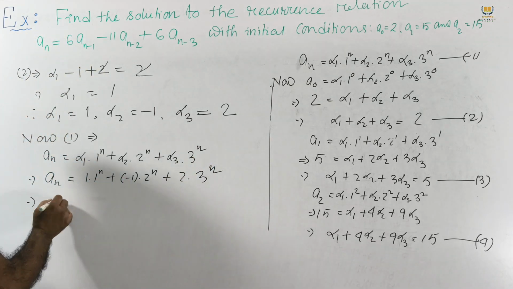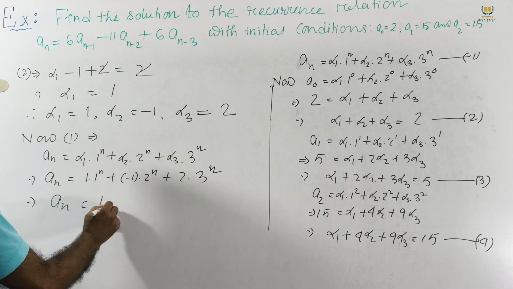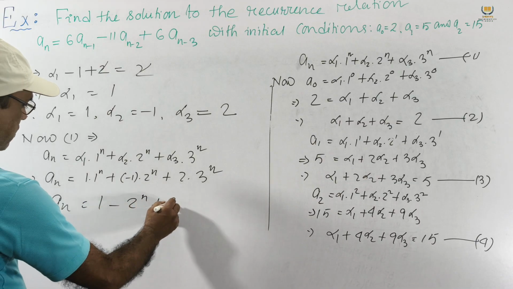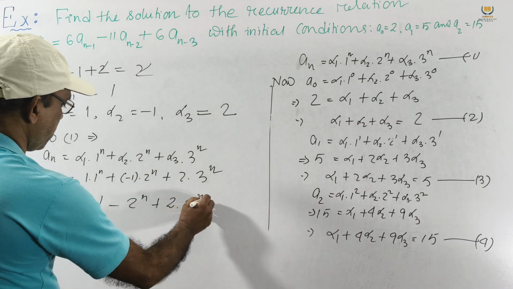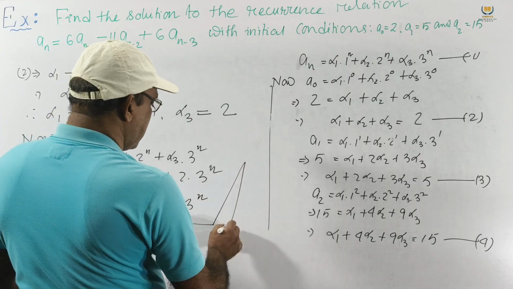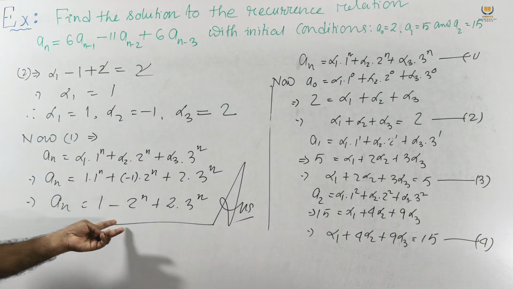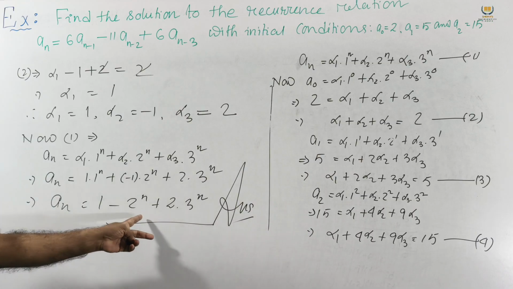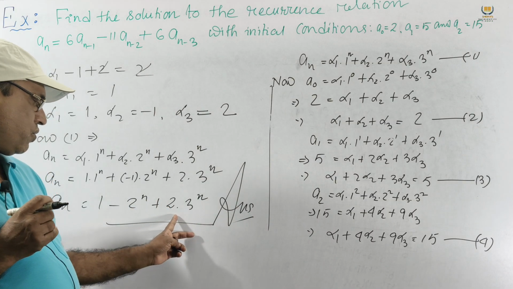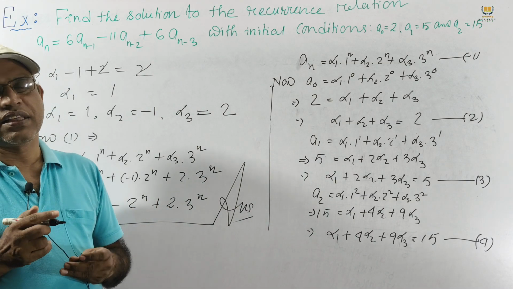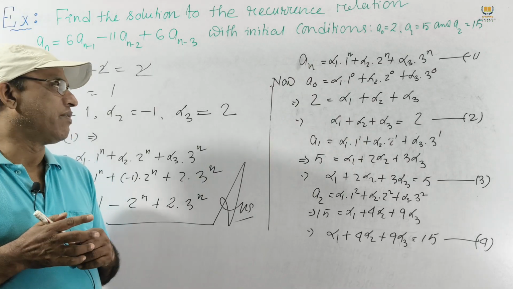So a_n equals 1 minus 2 to the power n plus 2 into 3 to the power n. This is the final answer, the complete solution of the given problem.